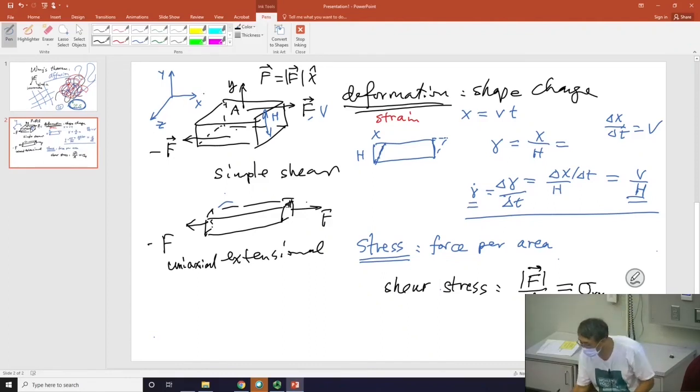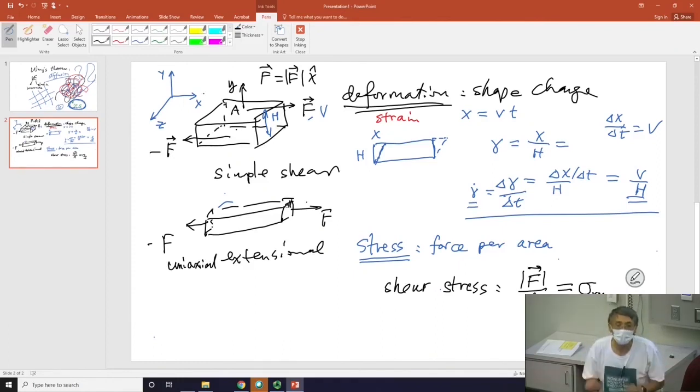So any stress, by definition, involves information from two vectors. One talks about the orientation of the force, the other talks about the orientation of the surface on which the force is exerted. So you necessarily remember that there are two directionalities involved in simple shear, x and y.